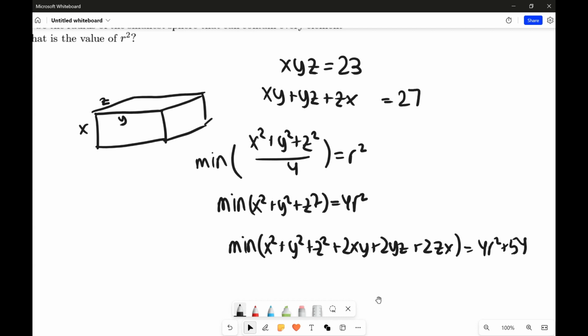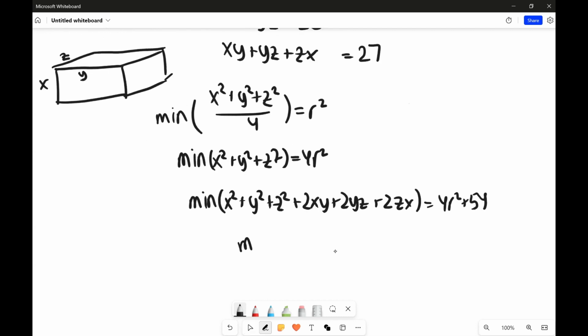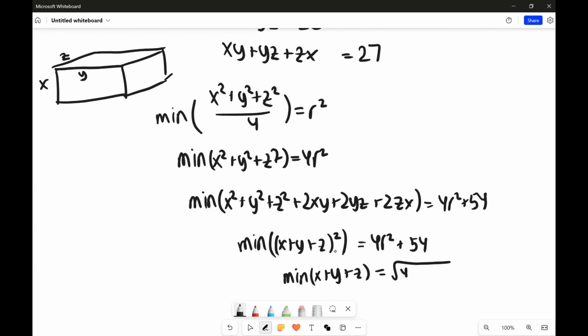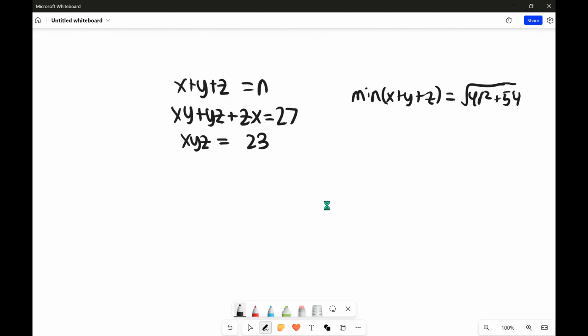And therefore, the minimum value of (x plus y plus z) squared is equal to 4r squared plus 54. So the minimum value of x plus y plus z is equal to the square root of 4r squared plus 54. Now we've reduced the problem to minimizing x plus y plus z equals n, given these conditions.